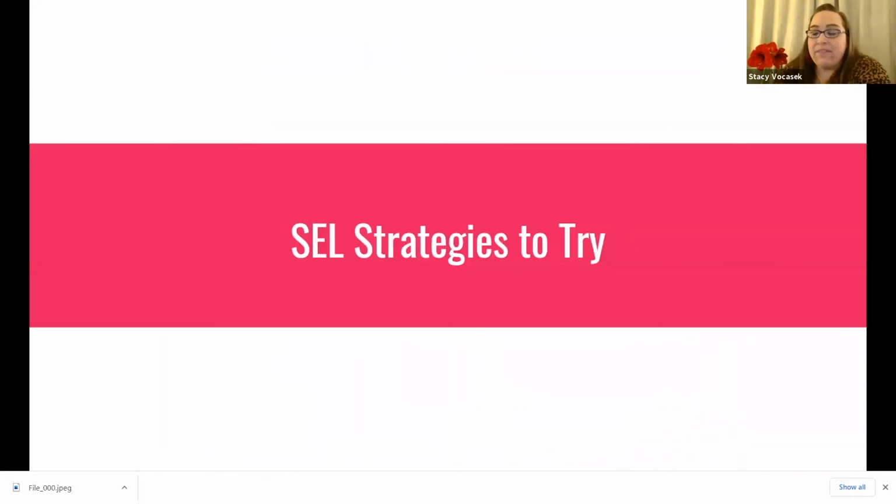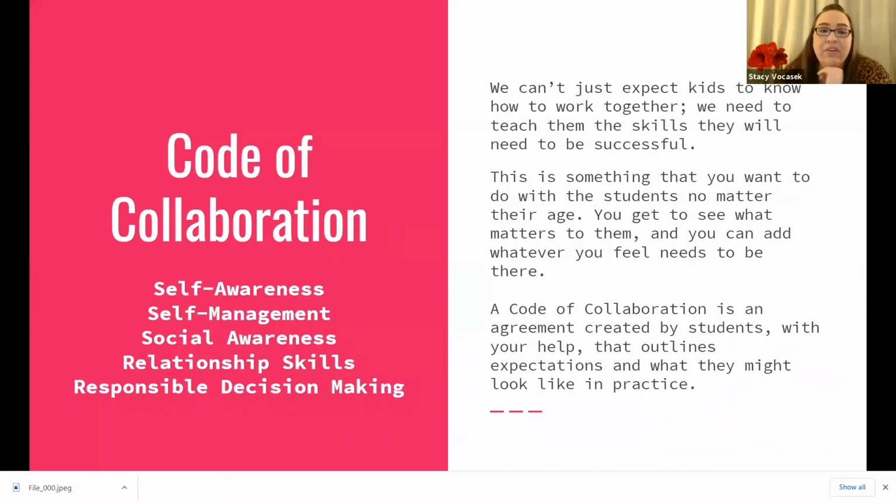So we're going to dive in with a code of collaboration. So a code of collaboration hits all of the 5 areas in the CASEL framework. It's helping kids recognize the skills that they need to be successful. And it doesn't matter how old kids are, this is something that you should do.